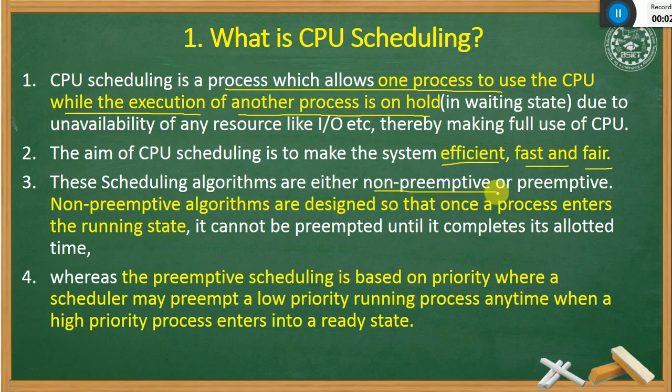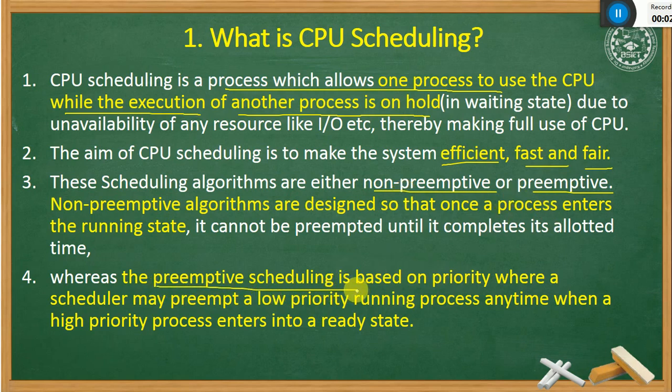There are basically two types of CPU scheduling: non-preemptive and preemptive. In non-preemptive, once a process is allocated to the CPU, the CPU will be released after completion of that process or when the process is terminated. That type of scheduling is called non-preemptive.